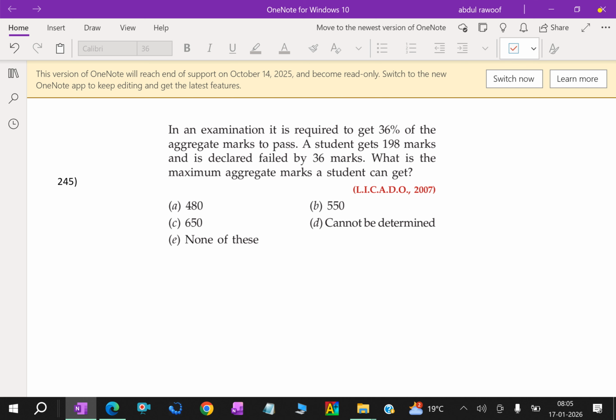Look at here. In an examination, it is required to get 36% of the aggregate marks to pass. A student gets 198 marks and is declared failed by 36 marks. Therefore, total marks required is 198 plus 36. What is the maximum aggregate mark a student can get? Maximum mark is x.